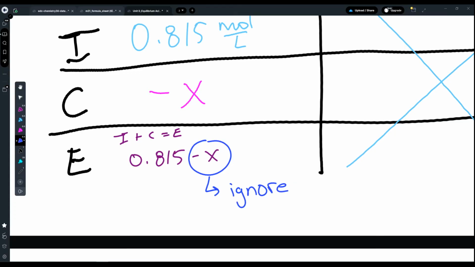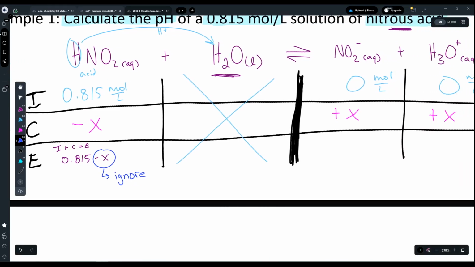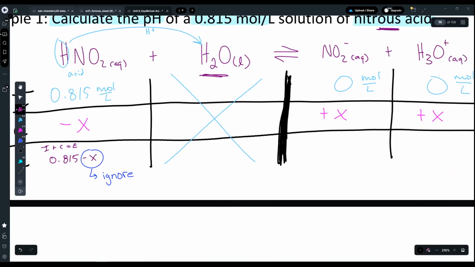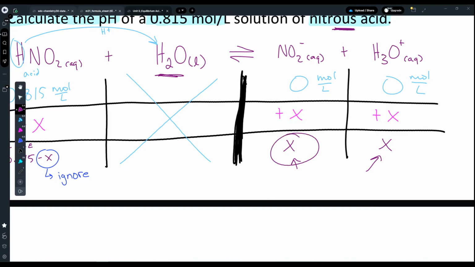However, just because we're ignoring this minus X does not mean that you can completely omit doing the ICE table. You are still required to draw out the ICE table. For the products, 0 plus X is just going to give you X. We are still going to include these X's. You do not ignore these X's.